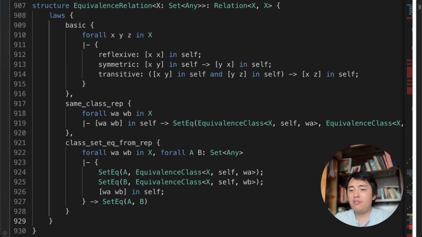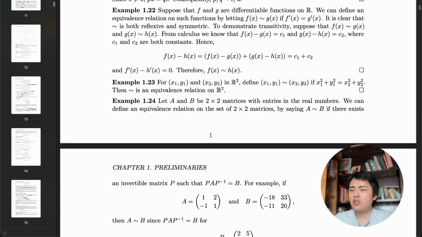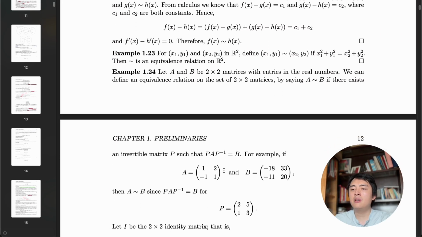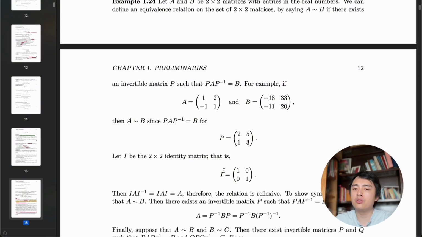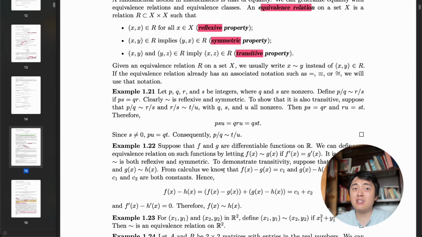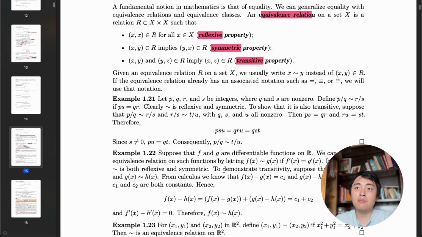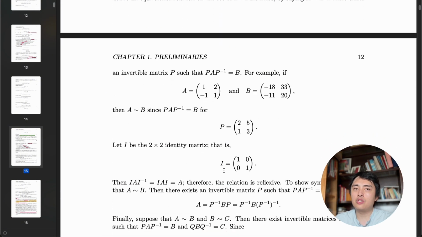Then we have some examples: equivalent fractions, derivatives, and modular congruence, and circles in R2 space. These are very good motivation for why we want to develop equivalence relations, because it's basically saying different things in this set could be equal. Imagine a circle in outer space.